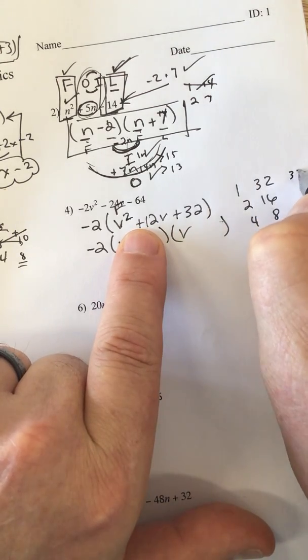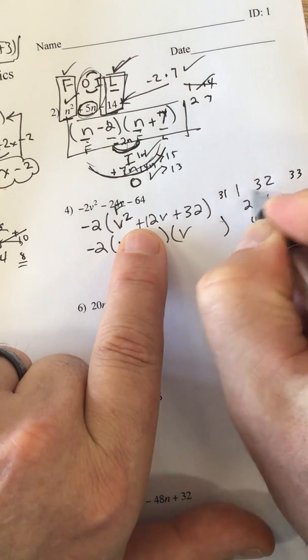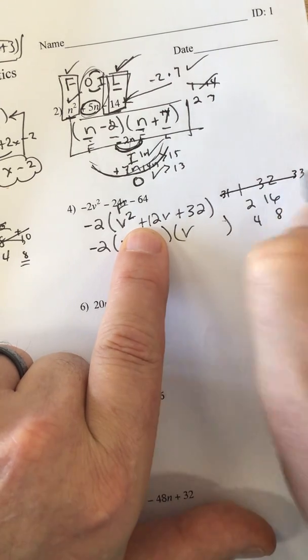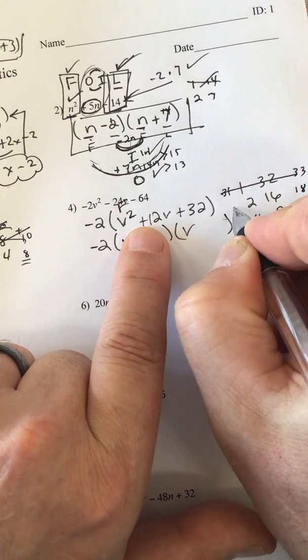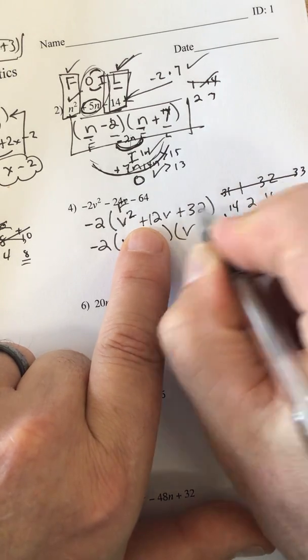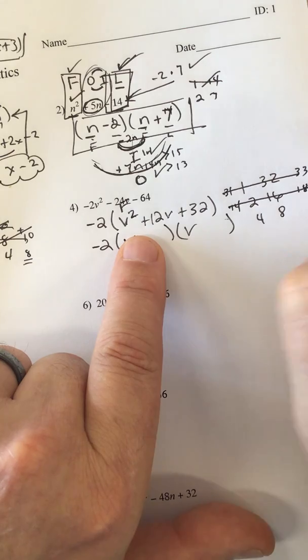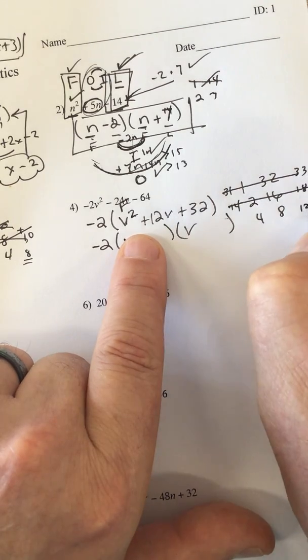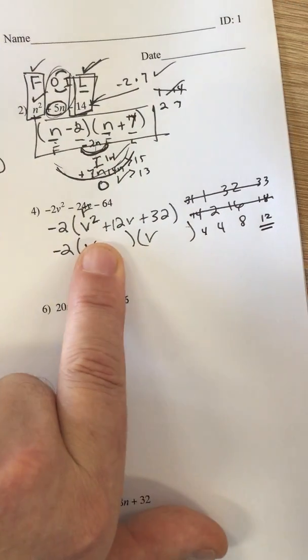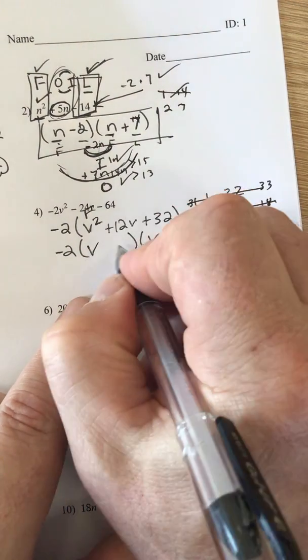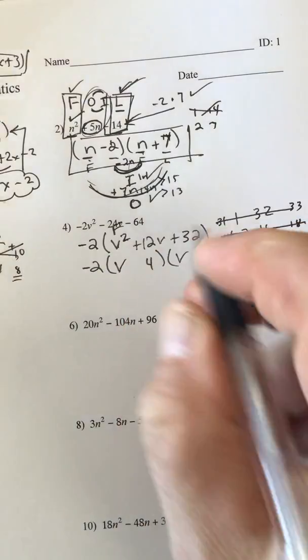Well, that'll either be 33 or 31. If I add 33, if I subtract 31, that's not it. 2 and 16 could add up to an 18, or they could subtract to 14. Well, neither one of those are 12, so that's not it. 4 plus 8 is 12, 4 minus 8 is 4. So it's possible this one will work. So I'm going to start out with the 4 and the 8.